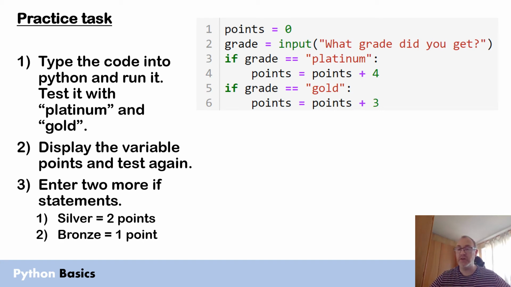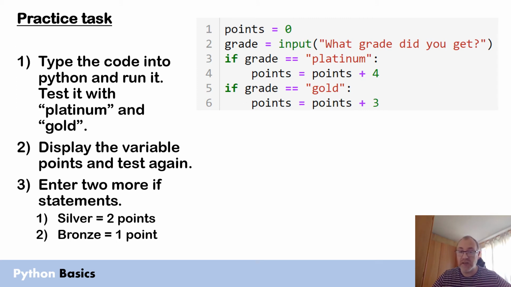Once you have typed it out, you need to display the variable points. Now we've looked at how to display things already using the print commands, so look back to previous videos if you're not sure how to do that. If you're really stuck on this task, I've got a model answer coming up in this video. Then to finish this off, you need to enter 2 more if statements.